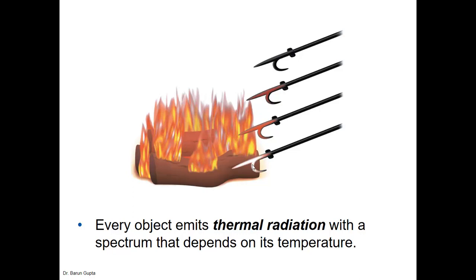In this picture, you see, if you have a hot object, that hot object emits thermal radiation, and the frequency, the wavelength of the emitted radiation depends upon the temperature of the flame. And just by looking at the color of the flame, we can tell how hot it is, what the temperature of it should be.